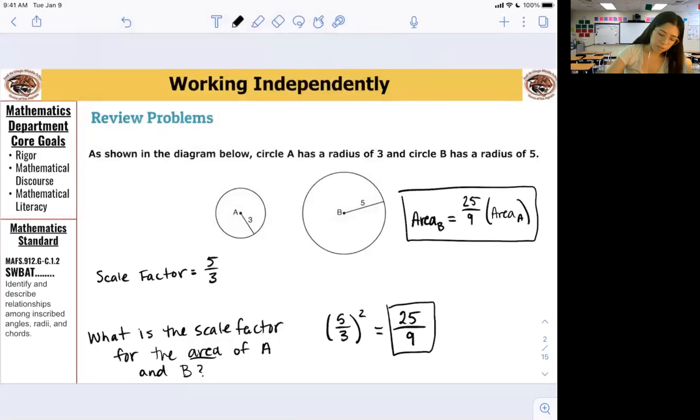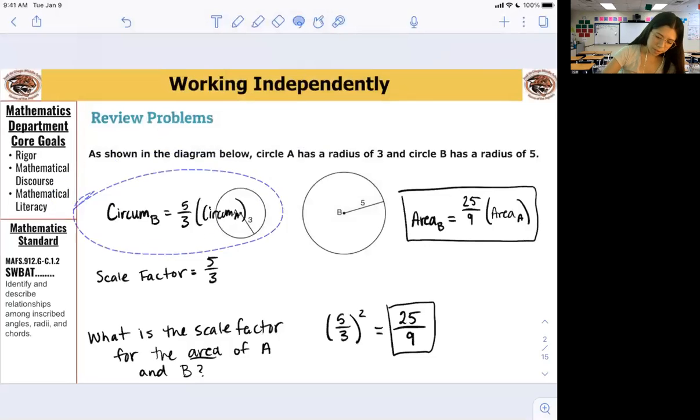Now, on the other hand, the circumference of B would be how much times the circumference of A? What would I need to multiply it by? Right here. Good, that would be 5/3. So let me actually move this over here.